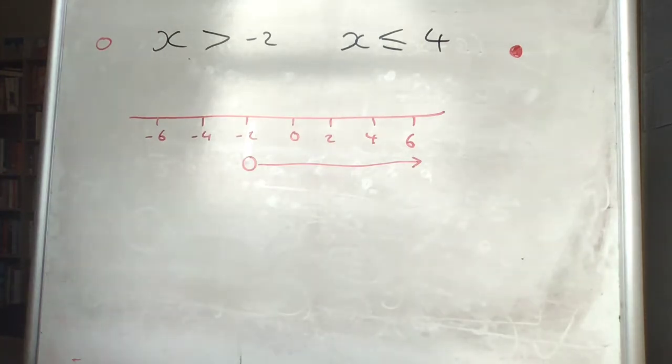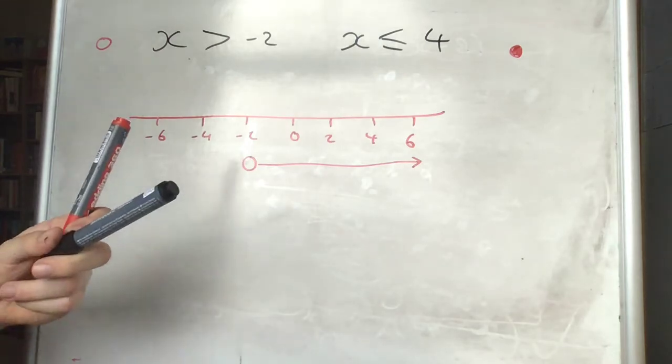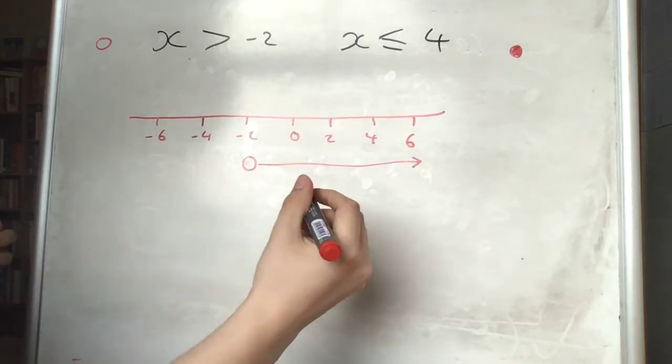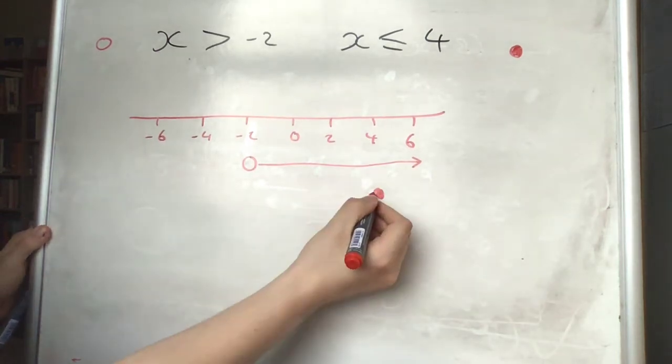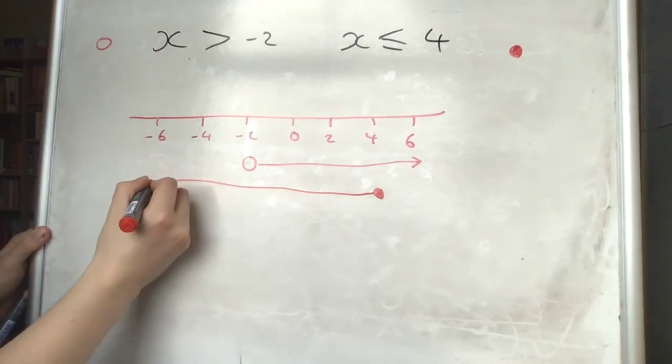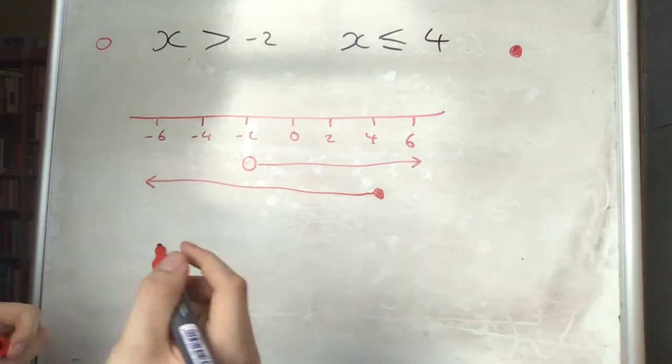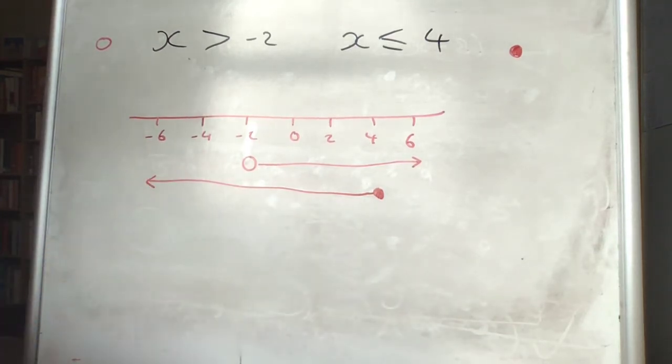And then we can do the same thing with our x is less than 4, but this time it is less than or equal to 4, so we can put a little filled in circle here, and we just do an arrow going that way because it's forever going negative. X is less than or equal to 4.